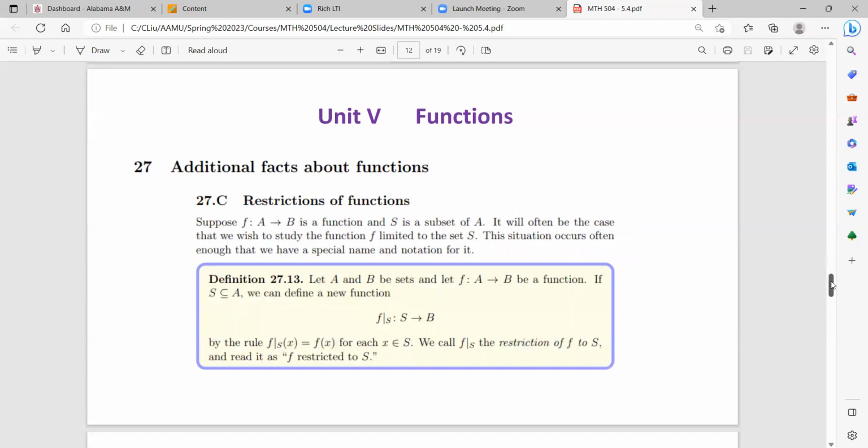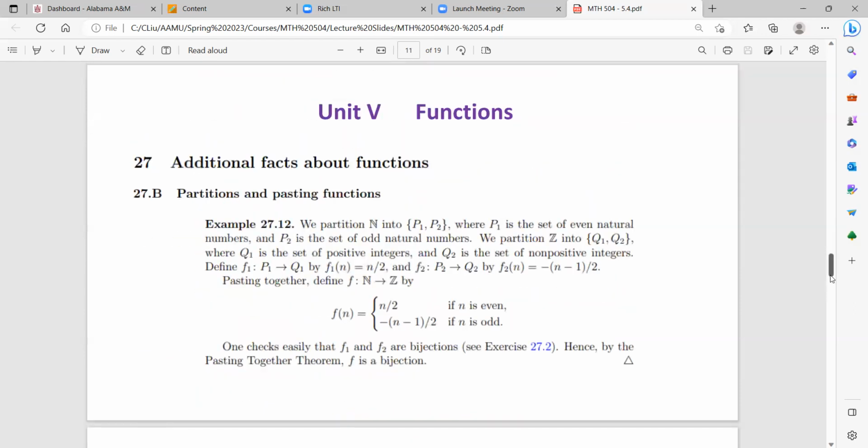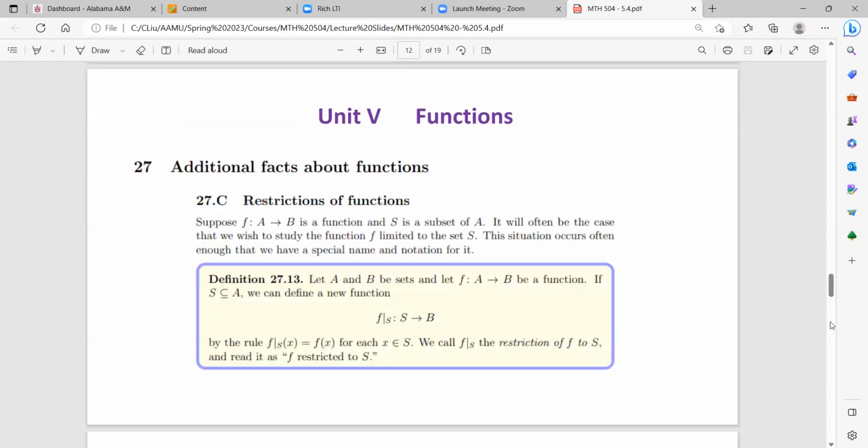So everything becomes pretty interesting, but we just go more in depth about different types of functions. Okay, and so that's the second topic for this section. The next thing is called the restrictions of functions.